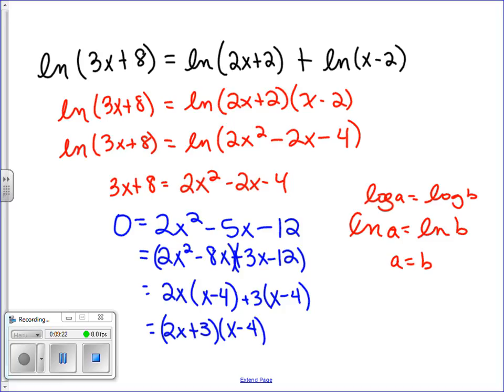So then that means x is -3 over 2, or x is 4. Okay. Now, in this case, notice up here, linear, linear, linear, right? But I have two answers. One of these could be extraneous.